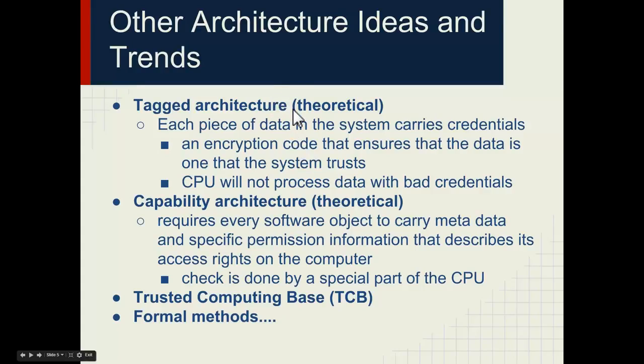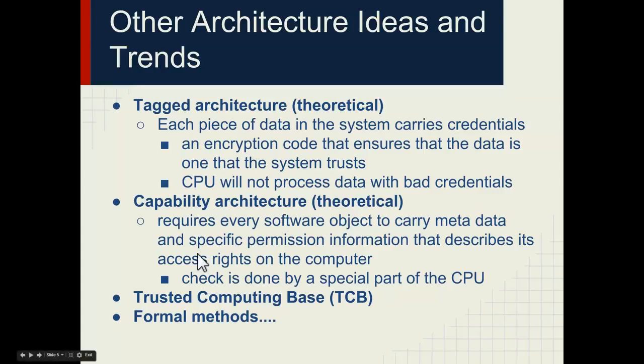There are other architectures like tagged architecture, which is very similar to taint analysis, where each piece of data carries credentials and is tagged as having some metadata, maybe user input, and thus can be easily tracked. There are also capability architectures, which are the opposite of access control lists, where users are specified what capabilities they have.